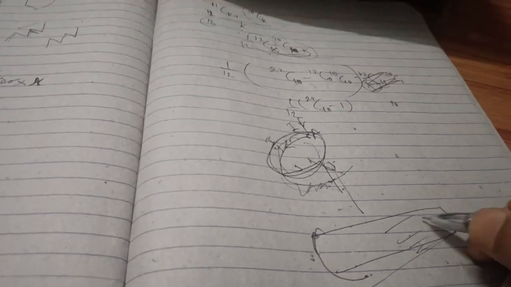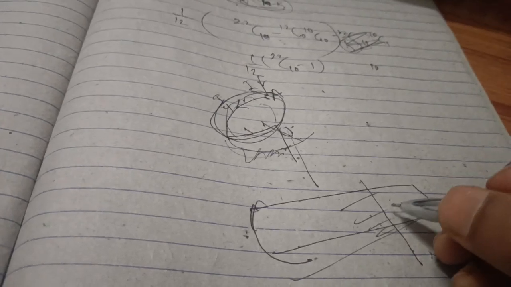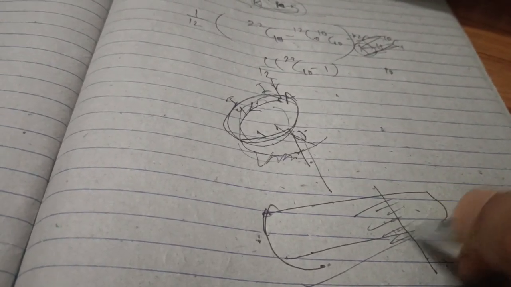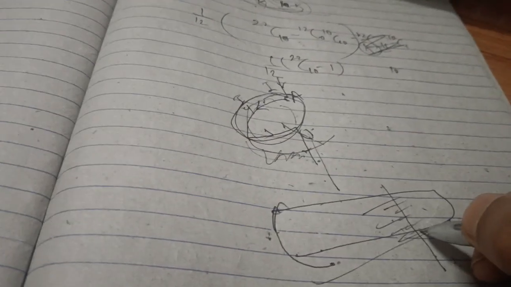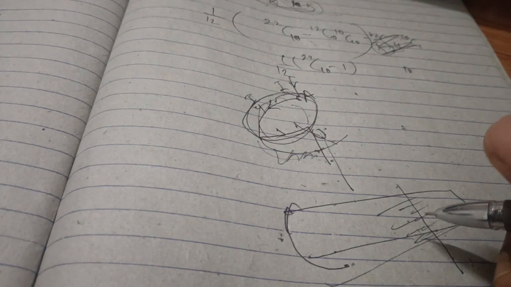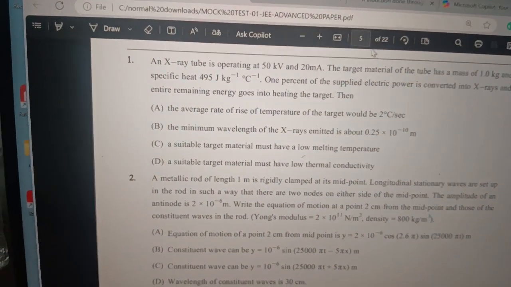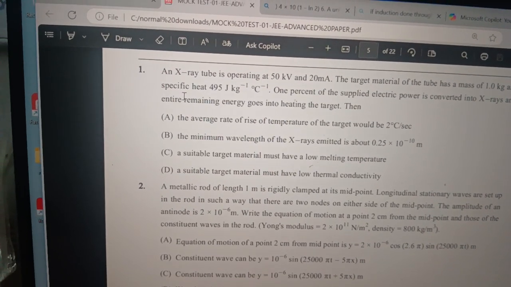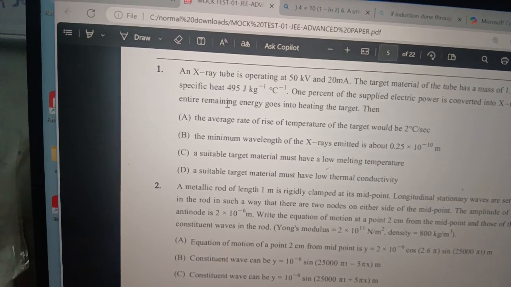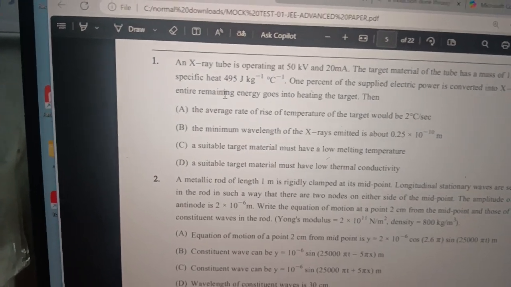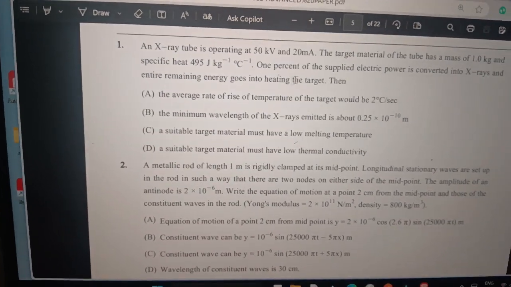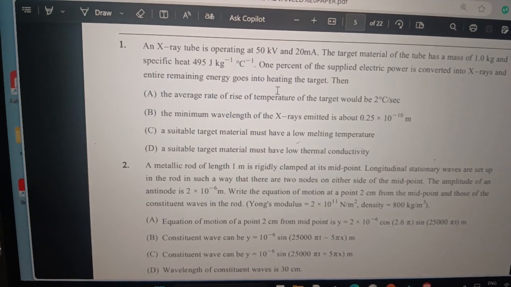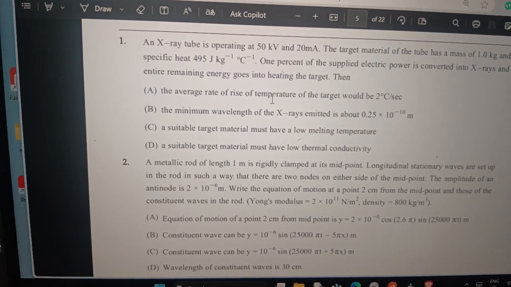The current means we can take any point here, any cross section, and the amount of charge passing per unit time would be equal to the current, and it is saying the total mass of the target on which the charges are striking is equal to this, and when these charged particles collide with this target, it will get heated, and it is asking me the time taken for it to get heated.